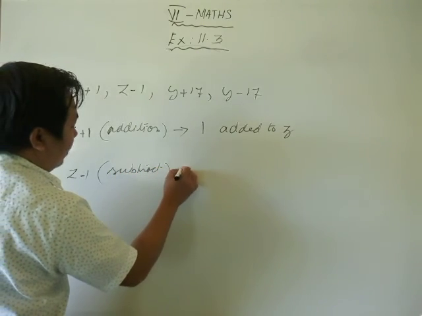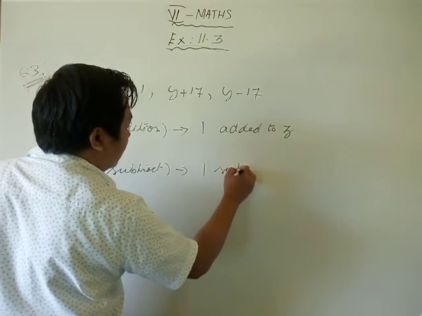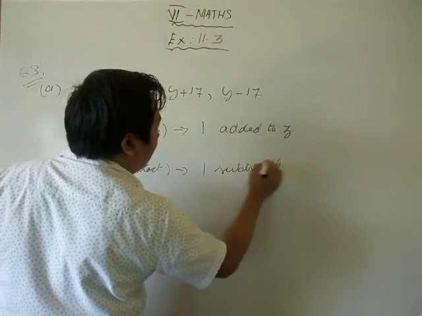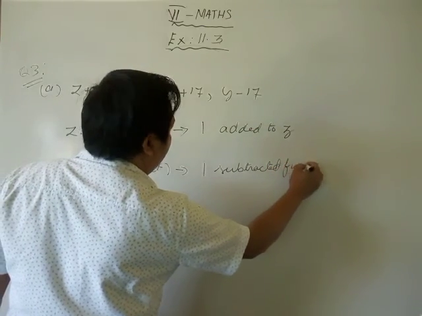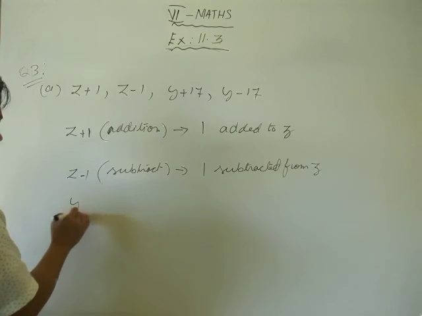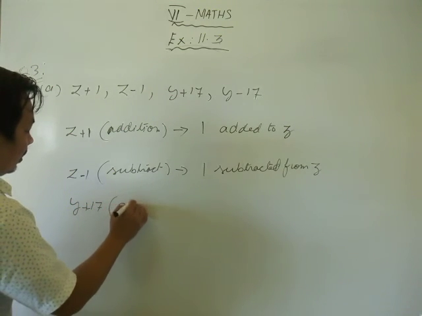How is it formed? 1 subtracted from z. Next, y plus 17, that is addition.